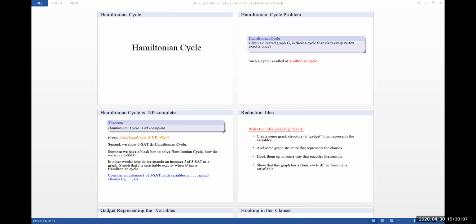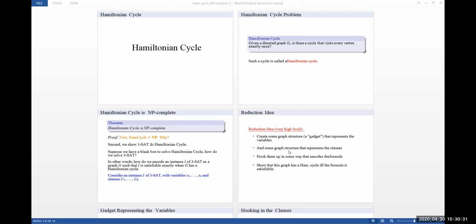How can it be solved? Suppose we have a black box to solve a Hamiltonian cycle, an algorithm which can solve the Hamiltonian cycle. Now, how do we solve 3-SAT? We have already seen that 3-SAT itself can be solved by reducing it to an independent set, as expressed here.